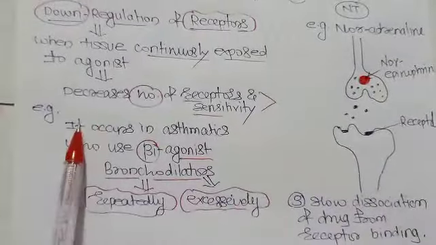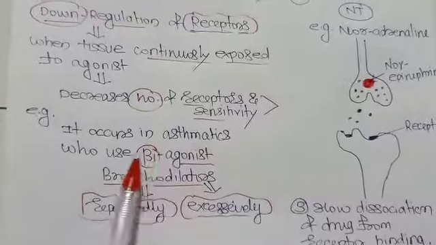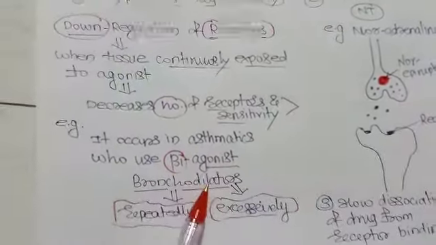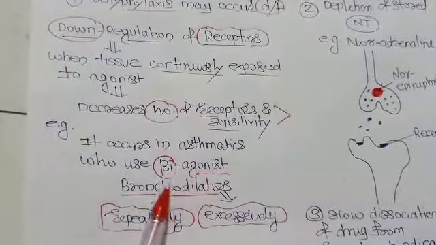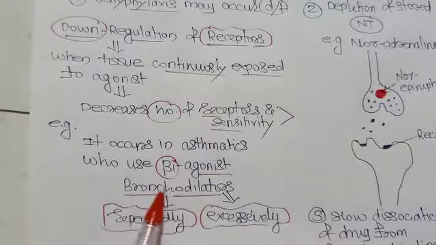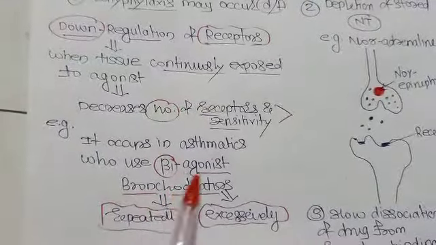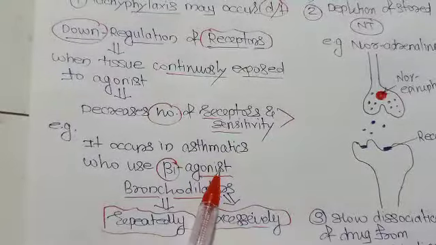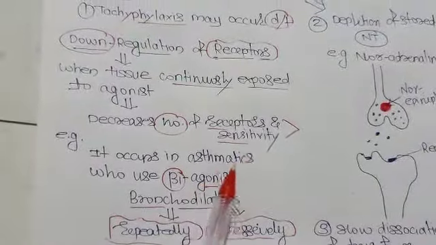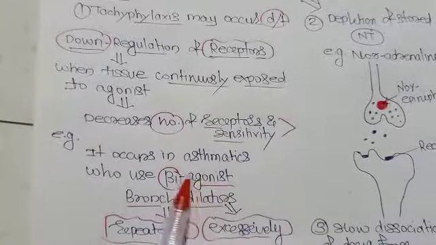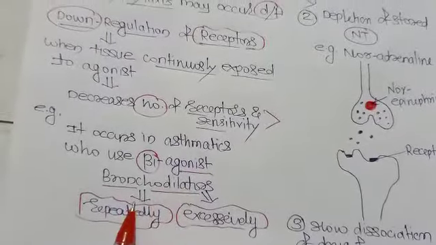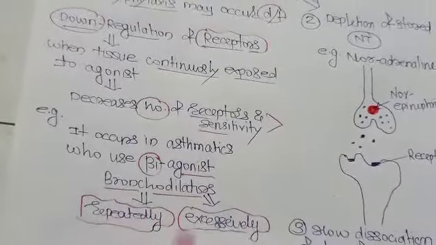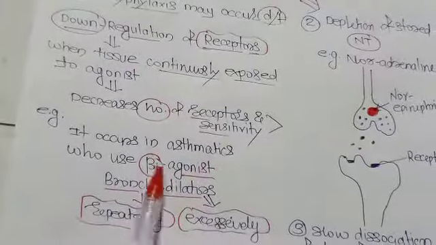This property is seen in asthmatic patients who use beta agonists like salbutamol or terbutaline. These are bronchodilators, and when the tissue is continuously exposed to the agonist repeatedly and excessively, at a very short interval of time, it results in tachyphylaxis.